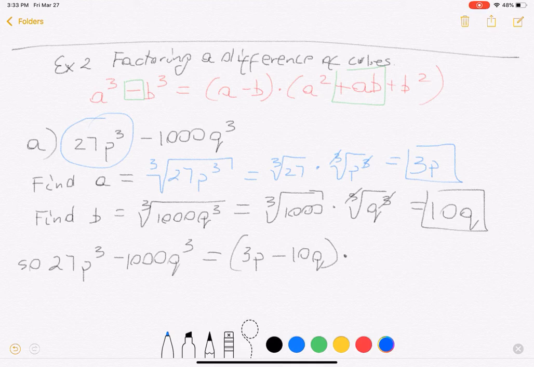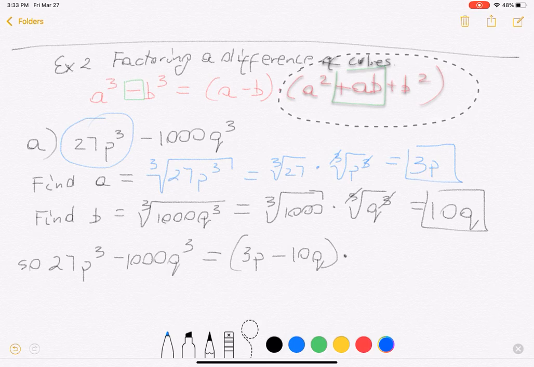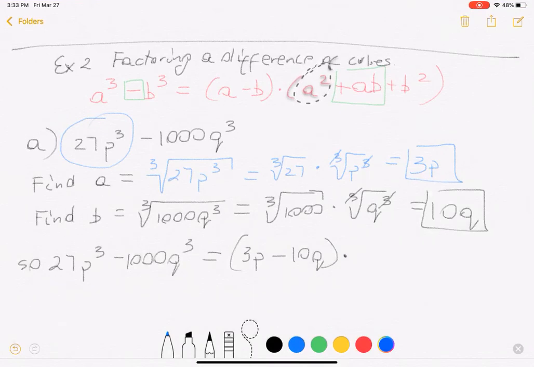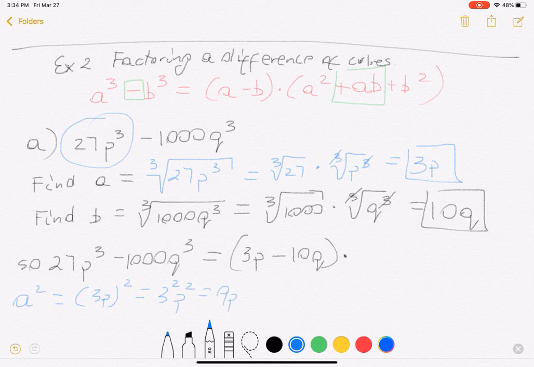Now we're working with the second parenthesis, a squared. So we need to figure out what a squared is. a squared is just 3p to a second power, which is 3 to a second power times p to a second power. You're getting 9p squared. So this is a squared, 9p squared.